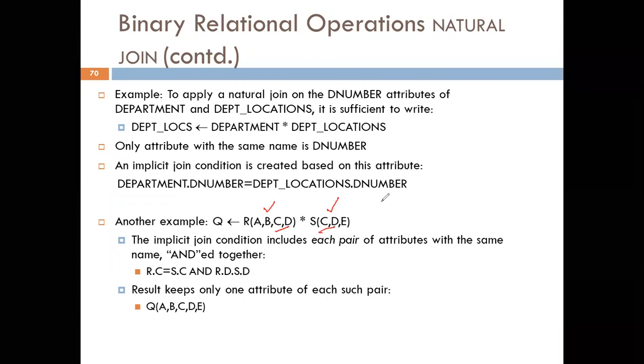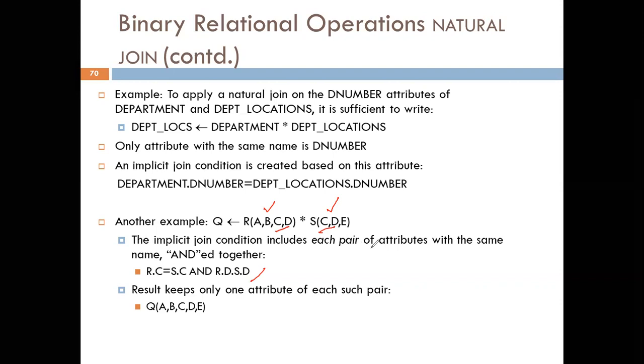When we apply the natural join, both will be combined like this: R.C equal to S.C, meaning the attribute C should have the same value, and also the attribute D should have the same value. Whatever attributes have the same name will all appear as join conditions.